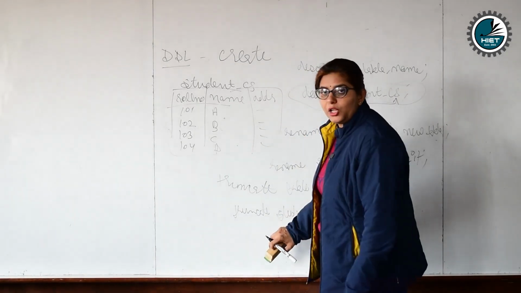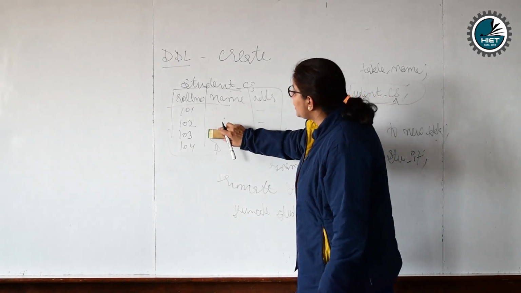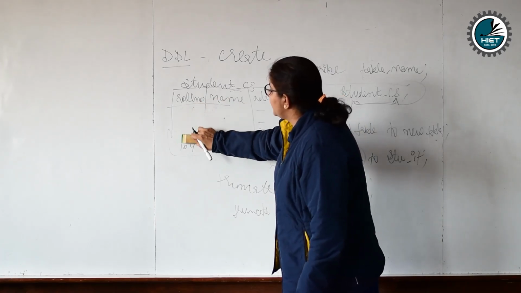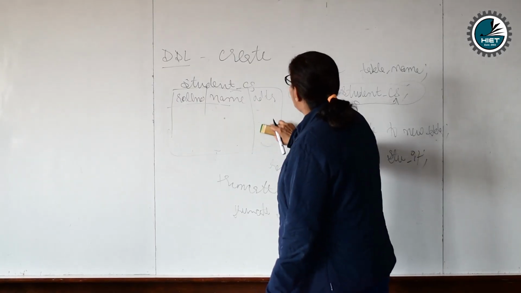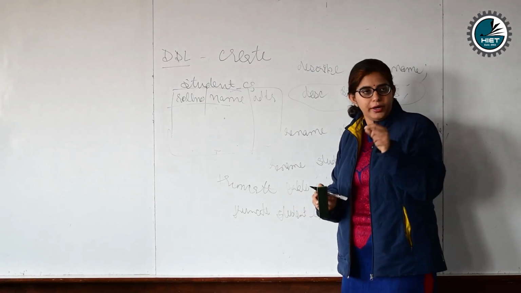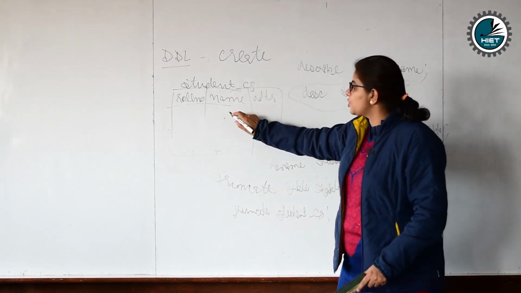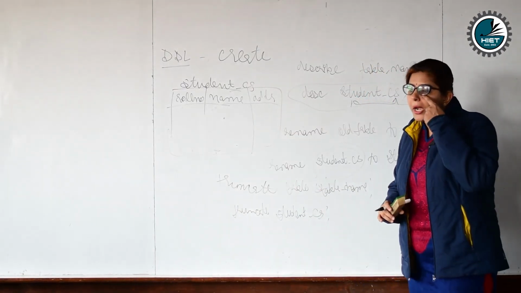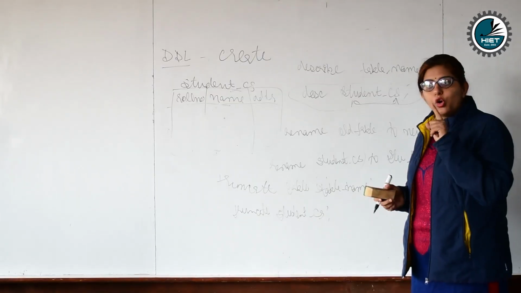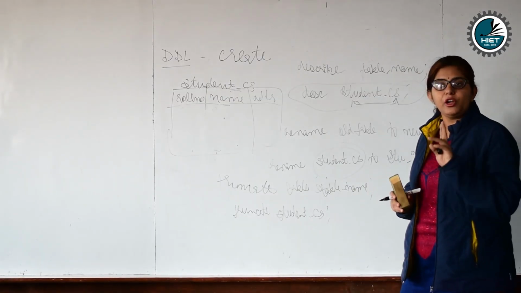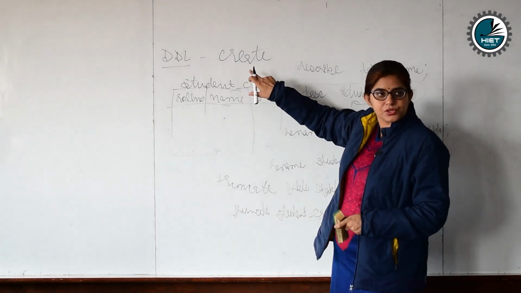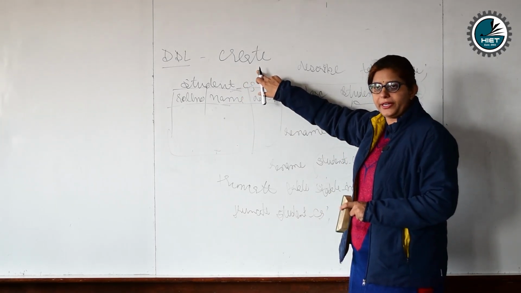What this command will do, it will delete the whole data from the table. Now there will be no data, not even a single record will exist in this table. Truncate will not delete the structure of the table. The structure of the table will remain in the database.